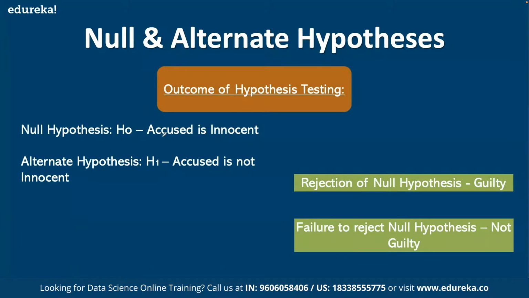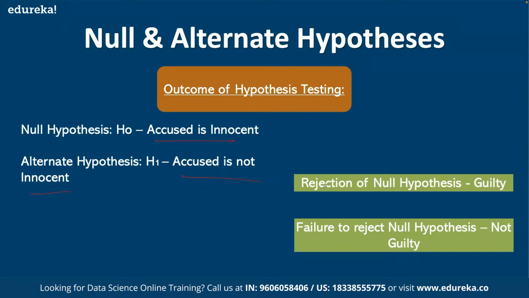Maybe the current null hypothesis is that the accused is innocent. If the data does not follow it, it will follow the alternate hypothesis, which says that the accused is not innocent. In this way, we are going to specify the same.